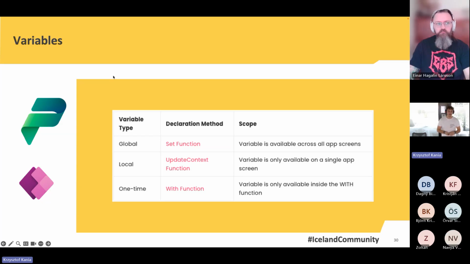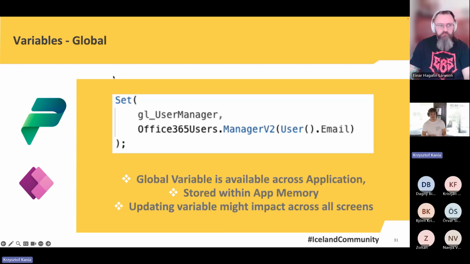Don't worry about it. And then there is a variable type that some people call by one name, but to be honest, I like to call it temporary variables. It's declared with the With function, and in my honest experience it is one of the best things that we've got in Canvas apps for plenty of reasons. So let's go one by one.